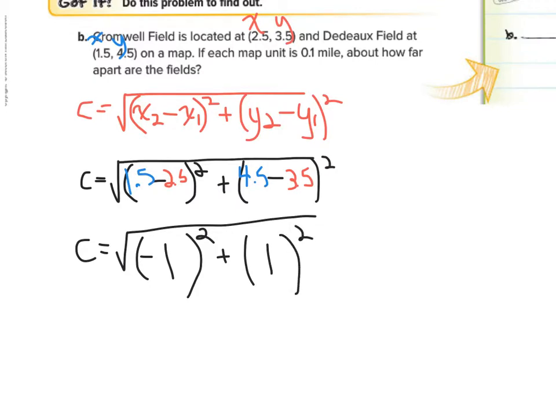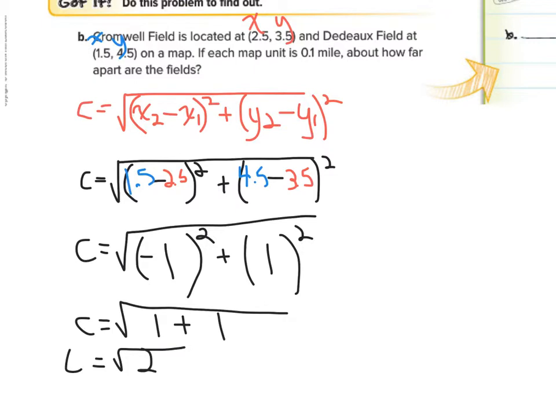Now I will solve with my square roots, right? So c equals square root of 1, negative 1 times negative 1 is simply 1, plus 1 times 1 right here, positive 1 times 1 is also just simply 1. So now I'm looking for the square root of 2, right, when I add them.